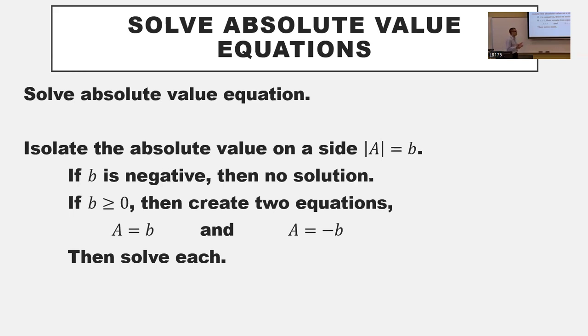This is a tool that I'm going to need when solving an absolute value equation. So let's imagine I have an absolute value equation and I want to solve it. I'm just going to tell you how this goes and then we'll get into actually solving it in just a moment.